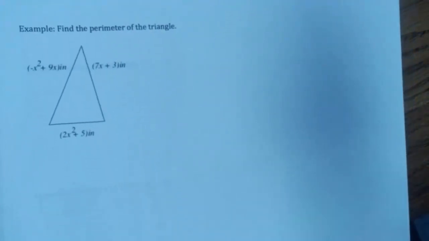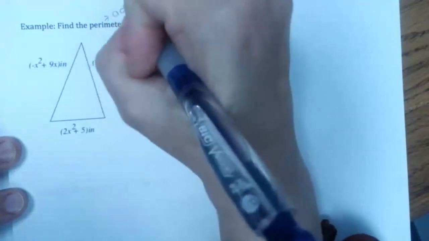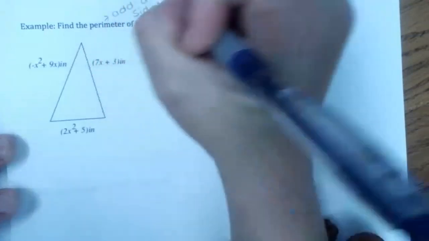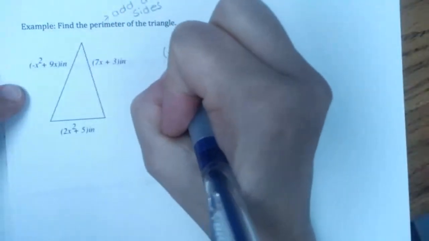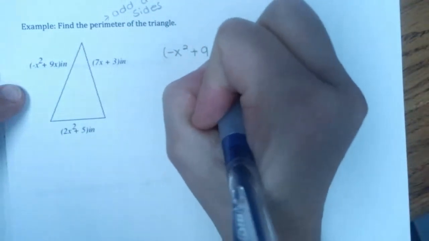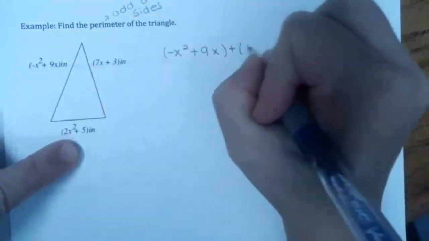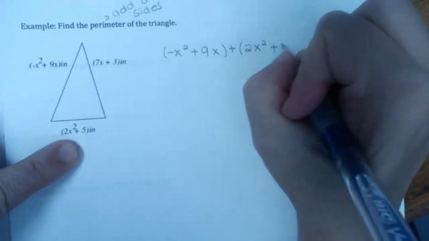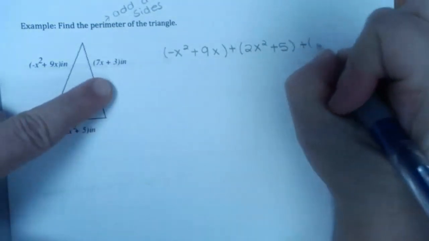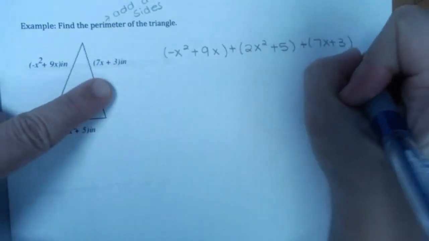Last but not least, find the perimeter. Remember, perimeter means add up all the sides of the triangle. So add all sides. So we have negative x squared plus 9x, plus 2x squared plus 5, plus 7x plus 3, is adding up our sides.